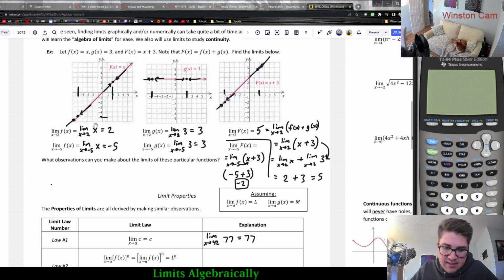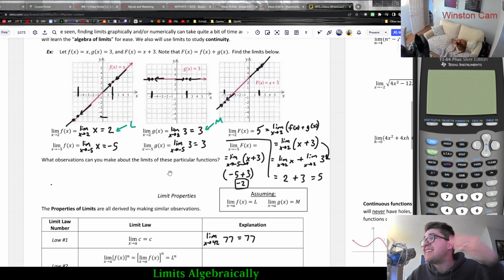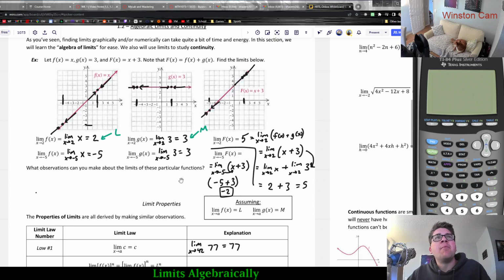Let me just write this so it's a little easier to keep track of the comparisons here. Imagine this is L, and this is m as the values of the destination of our limit, the evaluation of the limit. Then the sum function of both f plus g is just equal to L plus m. Assuming those individual functions have their own limits, if we try to add them together, the limit of the sum function will just be equal to the sum of the limits.